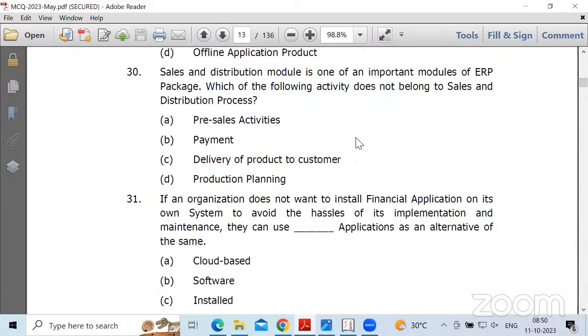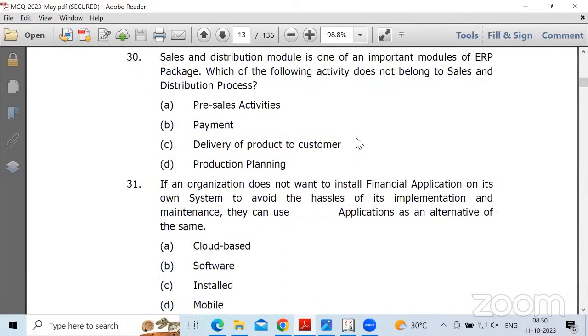That's it. Sales and distribution module is one of the important modules of an ERP package. Which of the following activities does not belong to sales and distribution?